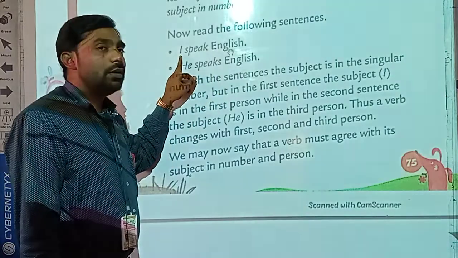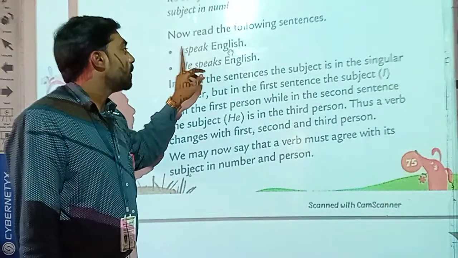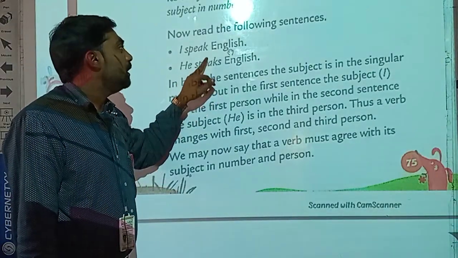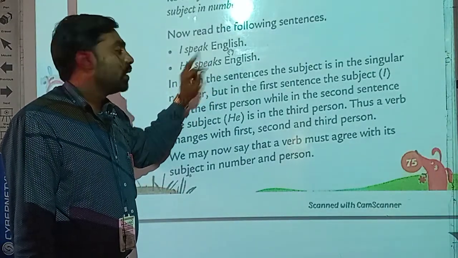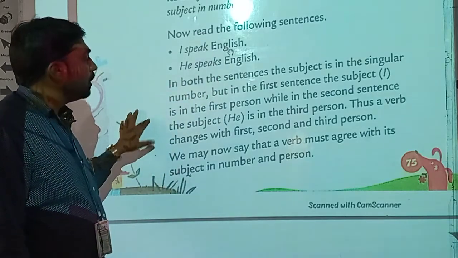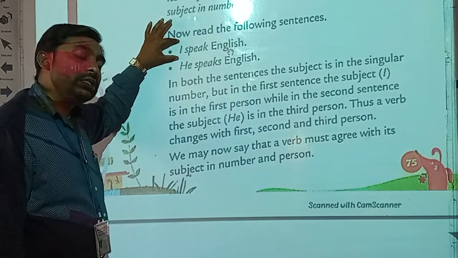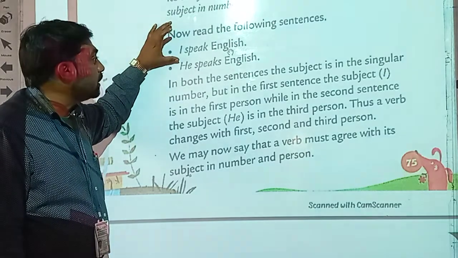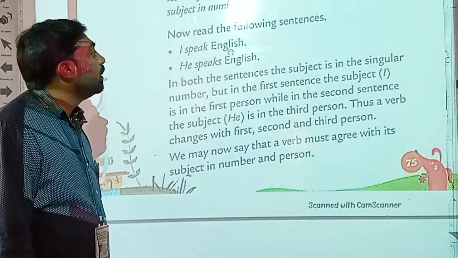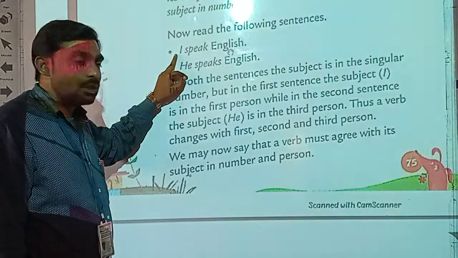Subject is singular, verb is also singular. Subject is singular, verb is singular. But why here is s not added? So its detail is given here. The subject I is first person singular. Okay, it is a first person singular pronoun.